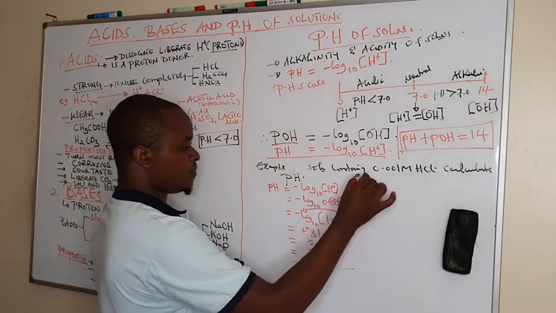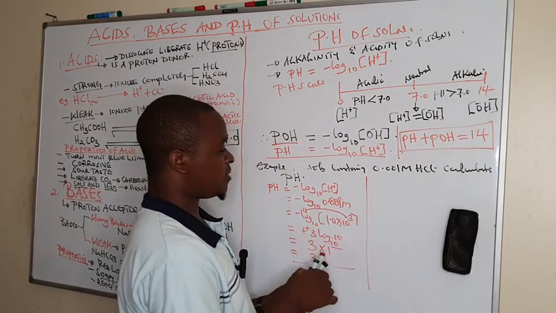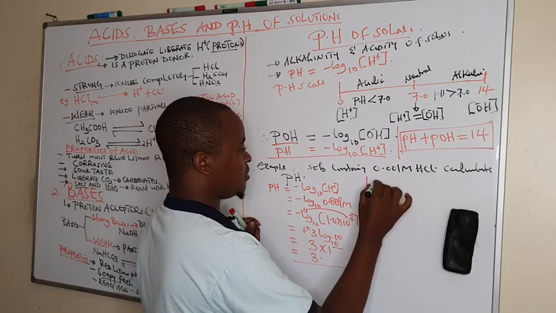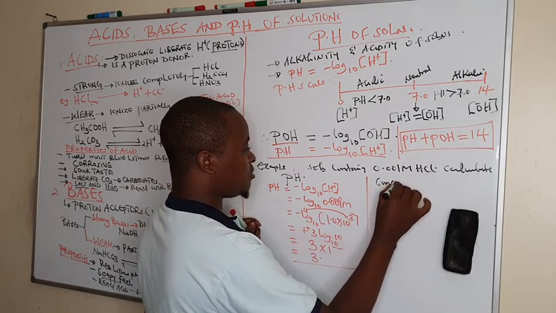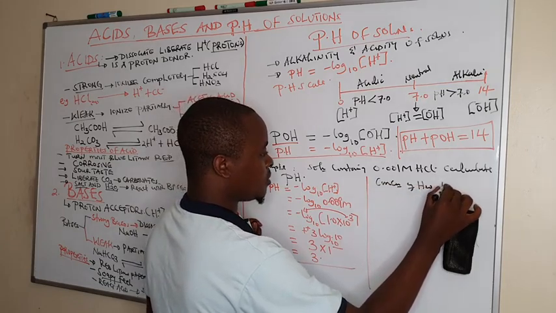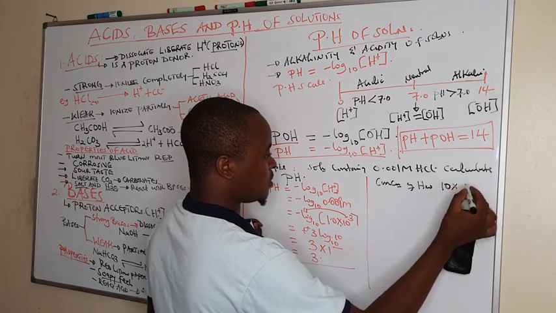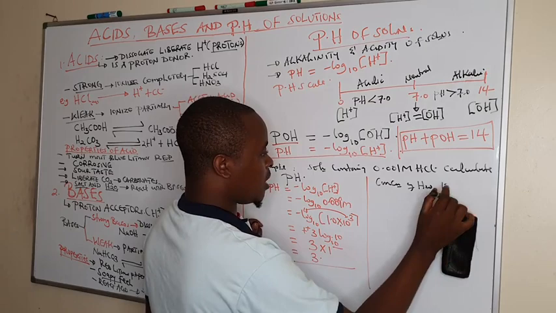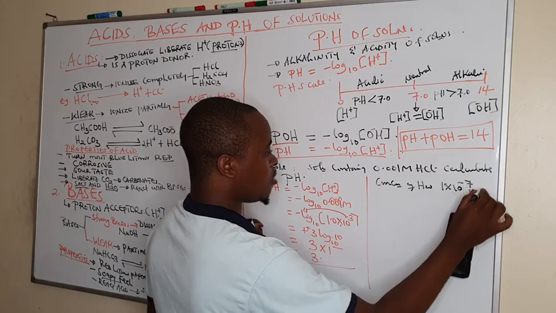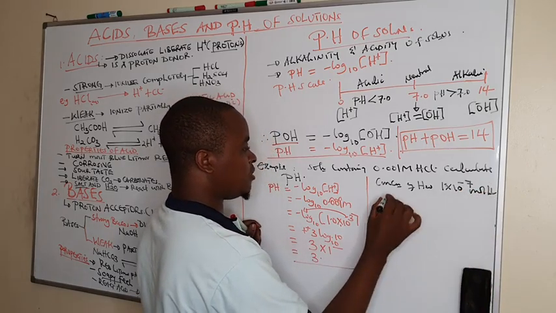Another way, an examiner can tell you that given that the concentration of neutral water is 1 times 10 to the power negative 7 mole per liter, calculate the pH.